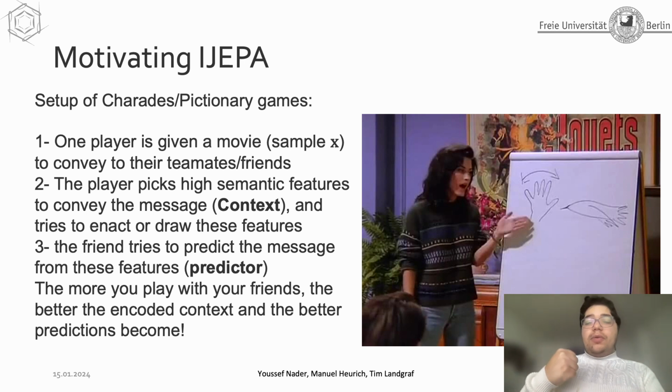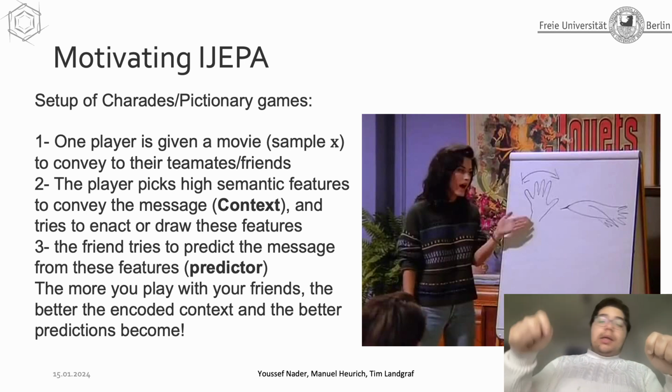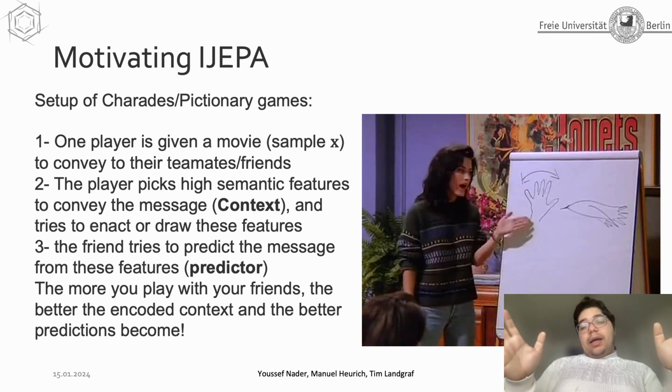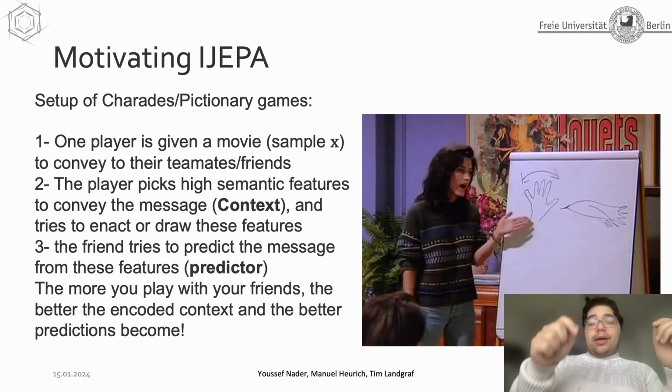Like, this is a movie about an American nuclear physicist in World War II, and maybe you draw a nuclear bomb, an American flag, and a scientist on a whiteboard. You try to find the features of this movie, the relevant information that would tell someone that this is the movie you're talking about.